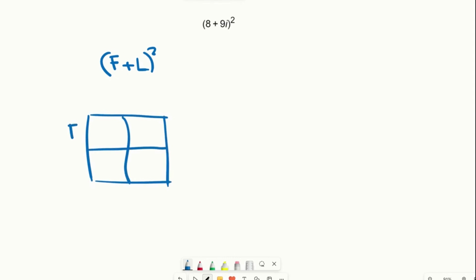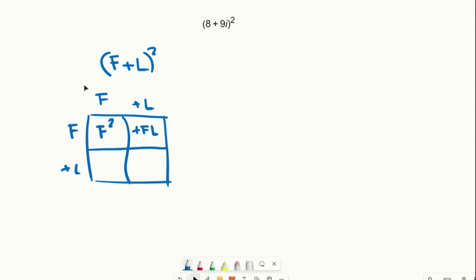So what we do is we just write f plus l and f plus l. We write one of the factors horizontally, the other vertically, then we multiply like a times table. So f times f is f squared, f times l becomes plus fl.